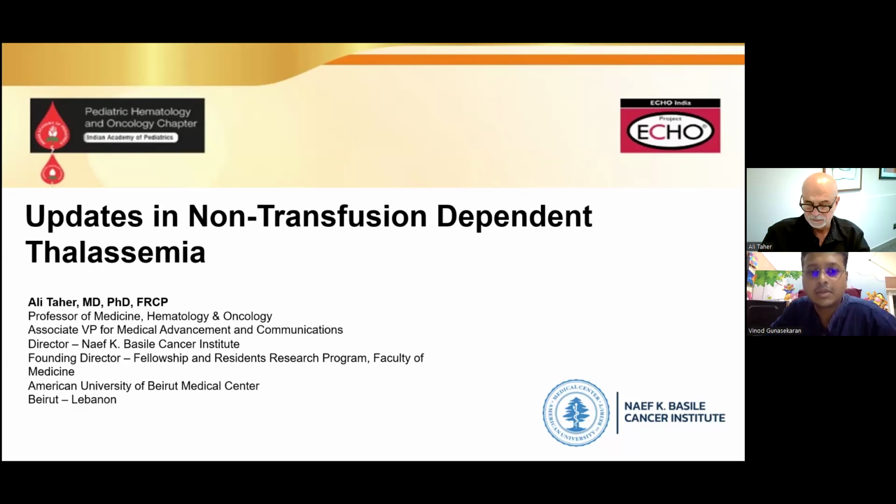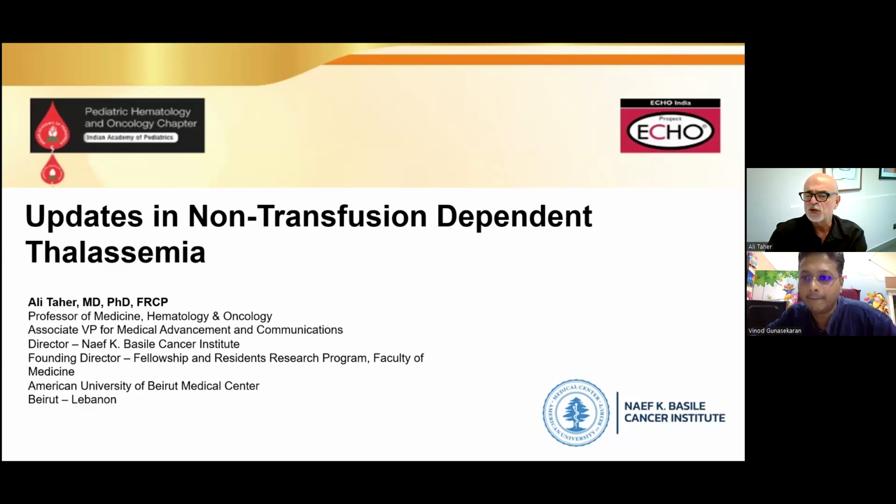So the next question would be like the NTDT presents to us with a large spleen. Then we put them on regular transfusion for growth and hypersplenism, but still we are not able to maintain the hemoglobin target of say 9.5 to 10. So do we have any other treatment agents to add along with this regular transfusion? NTDT, non-transfusion dependent.